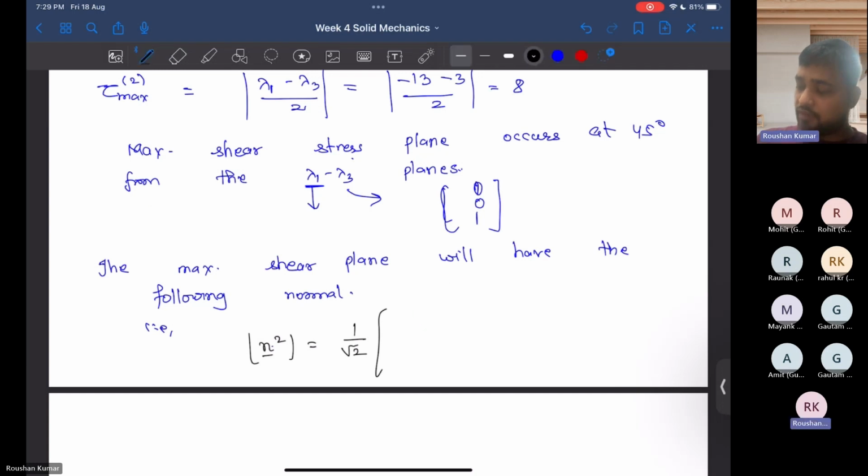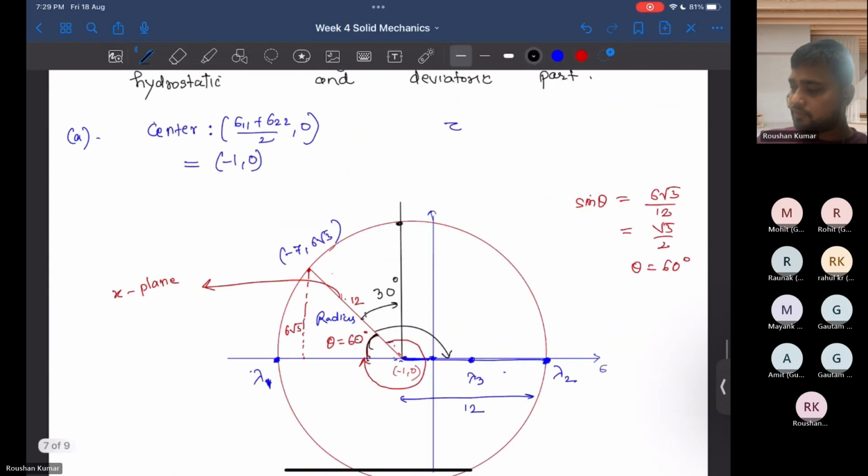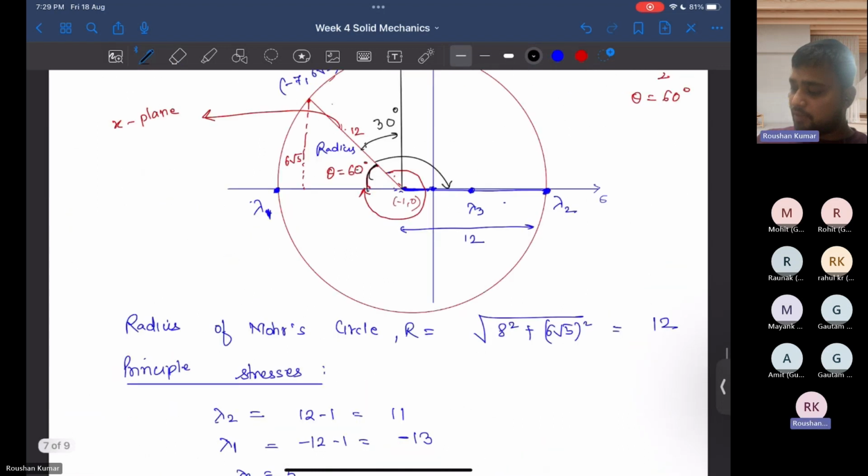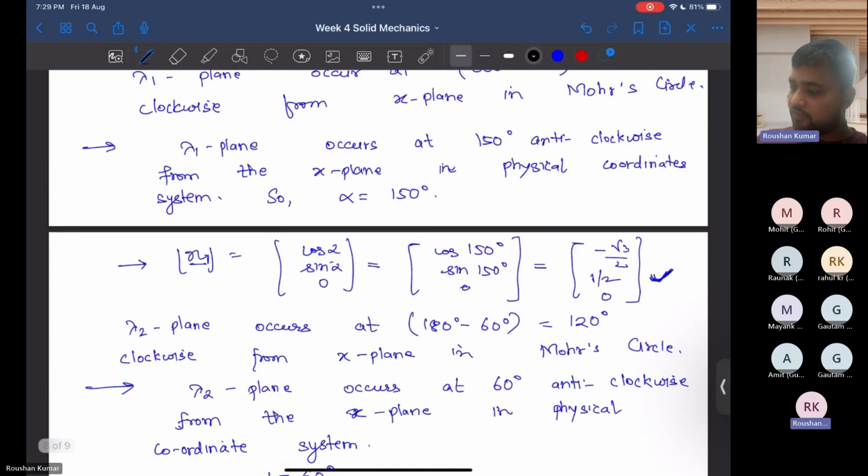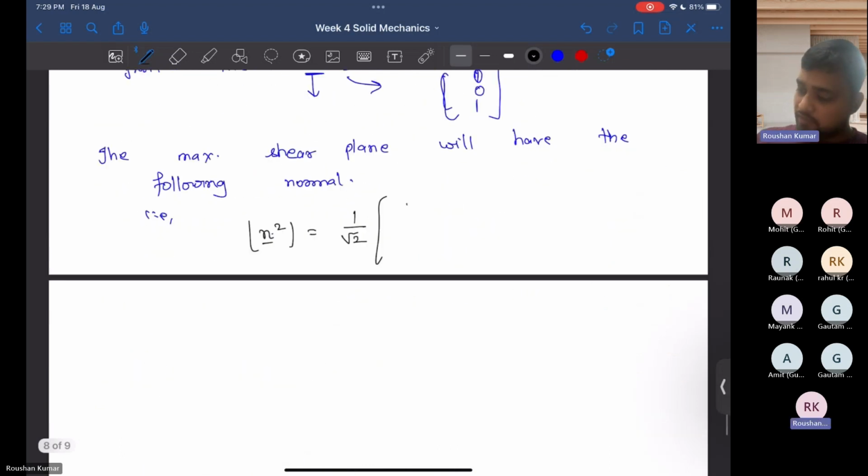What is the lambda 1 plane normal? Lambda 1 plane normal is minus root 3 by 2, 1 by 2, 0. And what is the lambda 3 plane? 0 0 1.